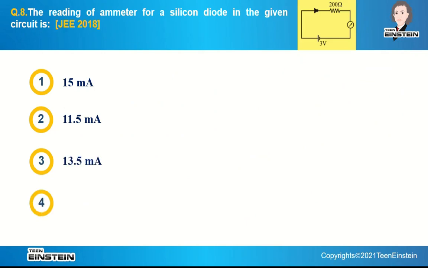Okay, so the next question is, the reading of the ammeter for a silicon diode in the given circuit is. So they want us to calculate the ammeter reading for the given circuit. You are going to apply Kirchhoff's equation here, and we observe that the silicon diode is in forward bias. So 3 minus V minus I into 200 equals 0.